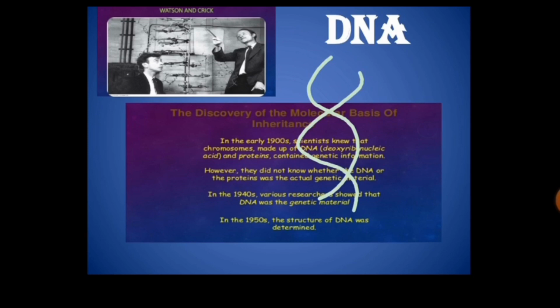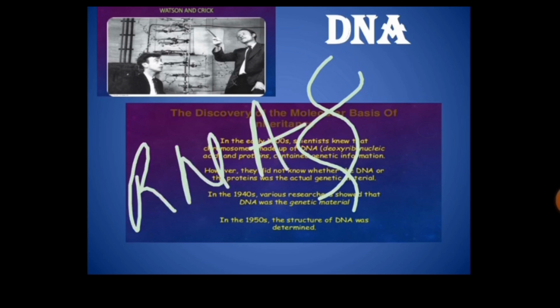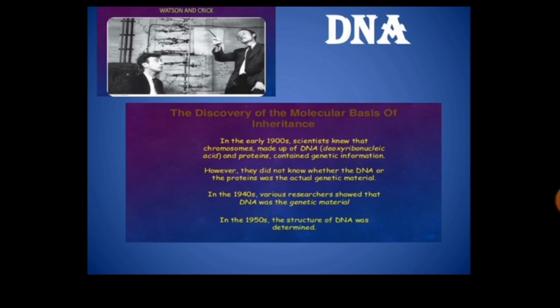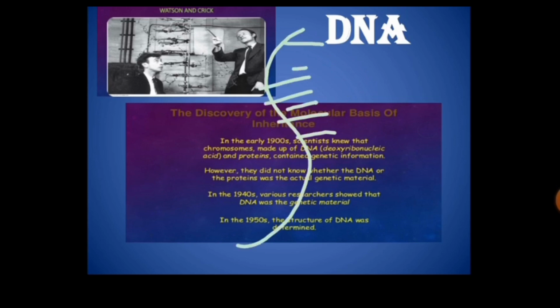The other one is RNA, the ribonucleic acid. It has a similar structure to DNA, but it does not have two strands. It just has one strand. It is a single-stranded structure.